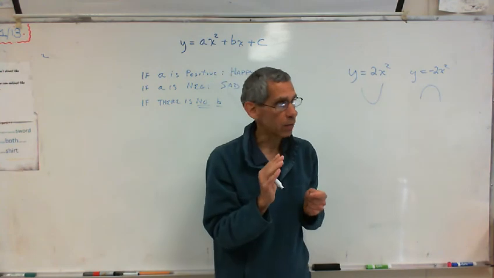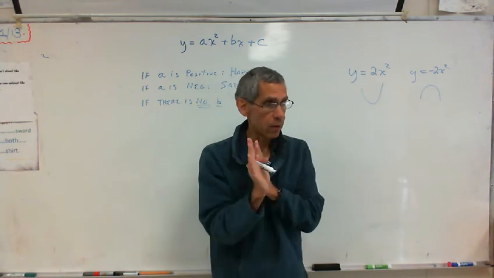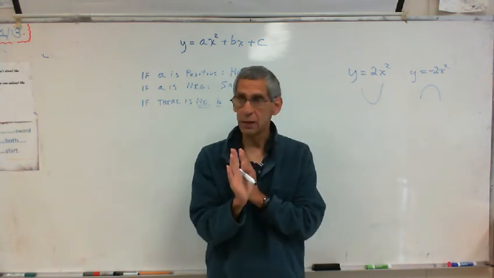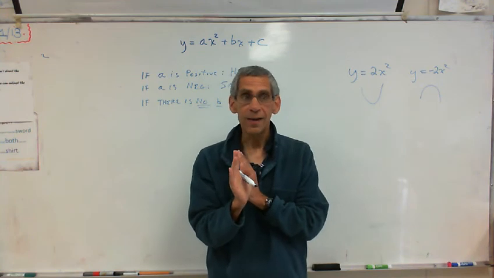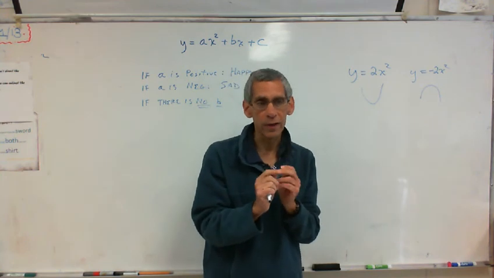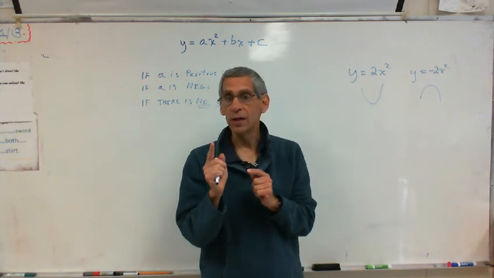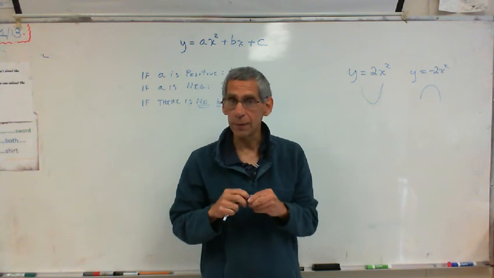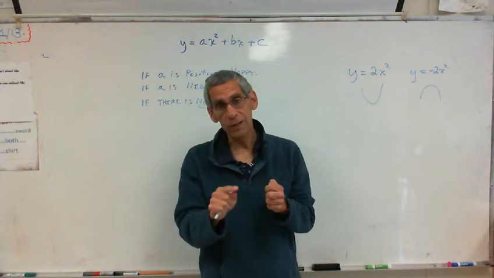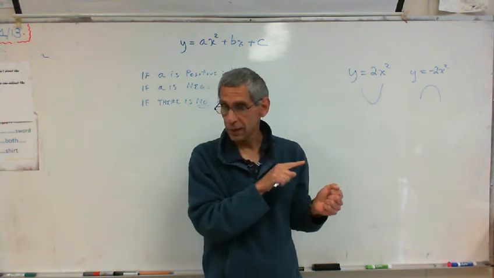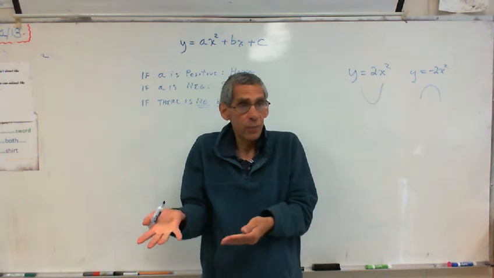How do you figure out where it is, left or right? Negative b over 2a. Yes. Well, what's the first thing you say? x equals that. Don't forget the x equals, because a lot of people remember the negative b over 2a, but they forget they solve for x. And then they don't know what to do with that number, right?